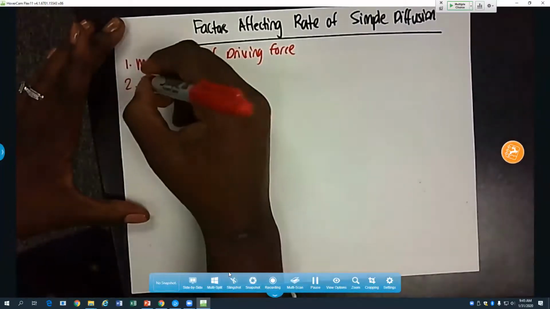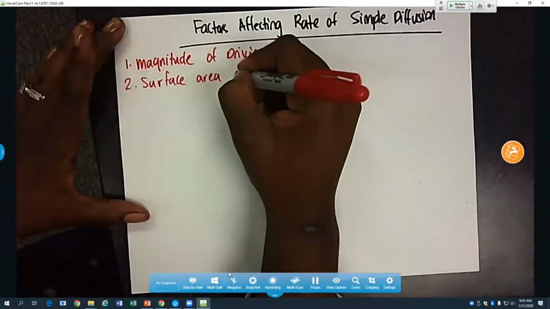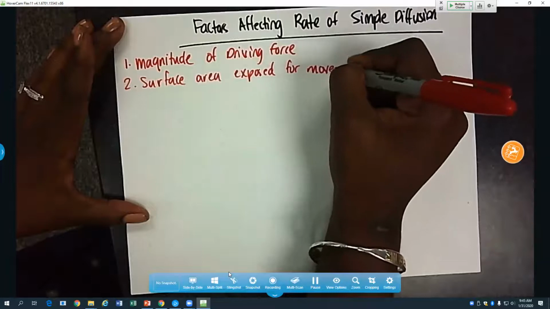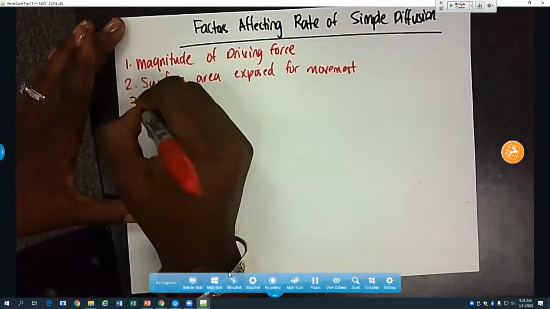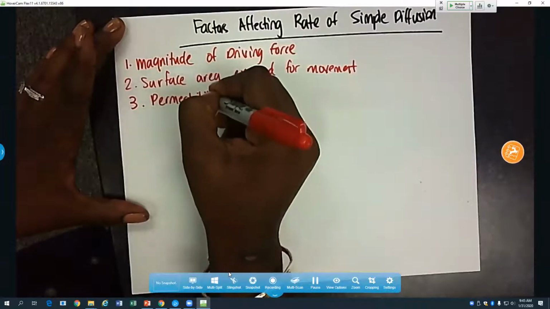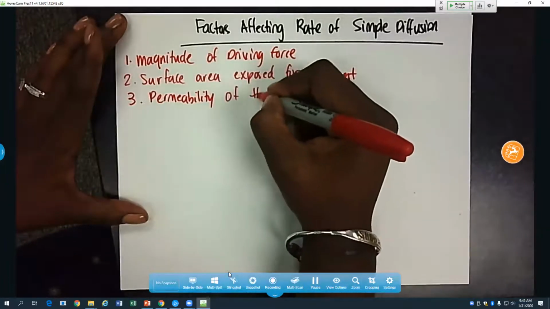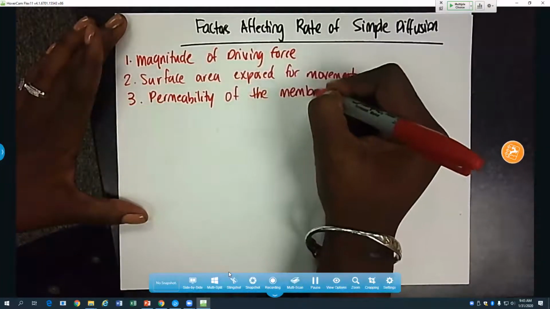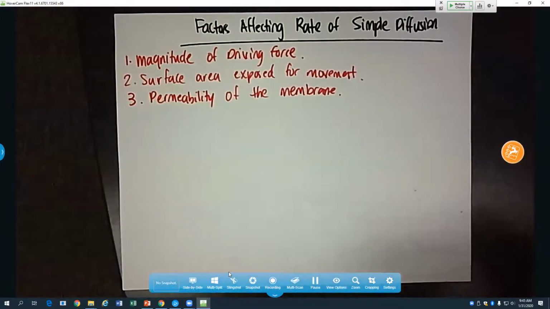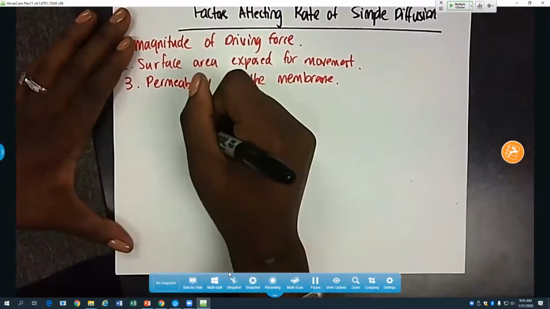Two is going to be the surface area exposed. And then three is going to be the permeability of the membrane. Okay, so let's look more closely at what the magnitude really means, the magnitude of the driving force.